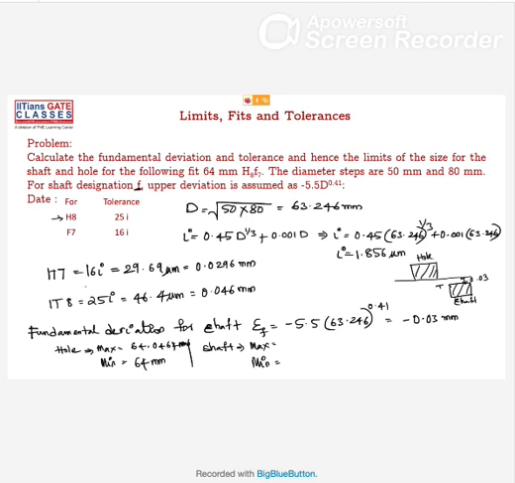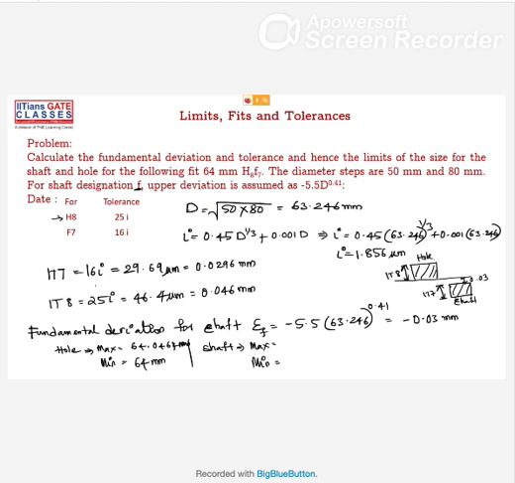So this is the width of tolerance we have already calculated for hole and shaft, IT7 and IT8. So this is IT8, this is IT7. We have calculated that, 0.0296 for IT7 and 0.046 for IT8. 63.96.